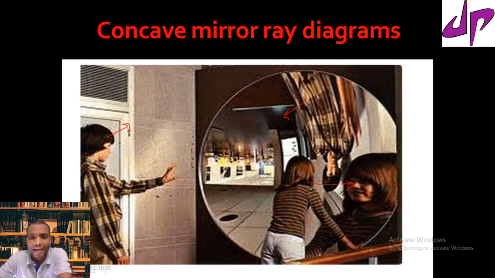We say that it is enlarged. So what would be the reason? They both have different types of images. That is due to the specialty of this spherical mirror, the concave spherical mirror. So a concave spherical mirror will form different types of images depending upon the position of the object.